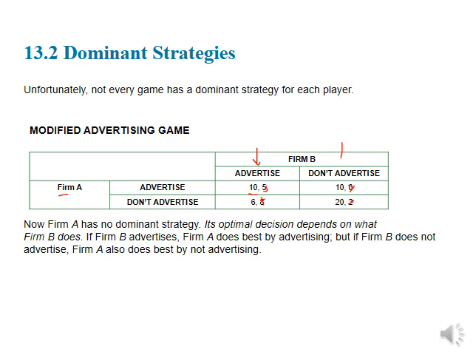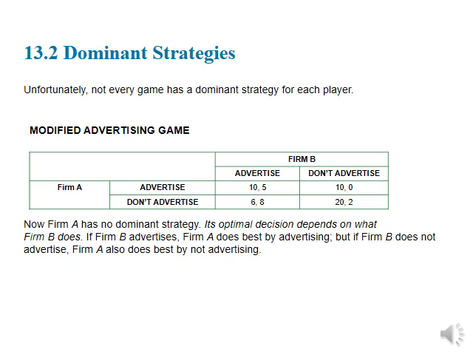But if Firm B chooses to not advertise, Firm A does not want to advertise. 20 is more than 10. In other words, Firm A does not have a dominant strategy, and its optimal decision depends on what Firm B does.